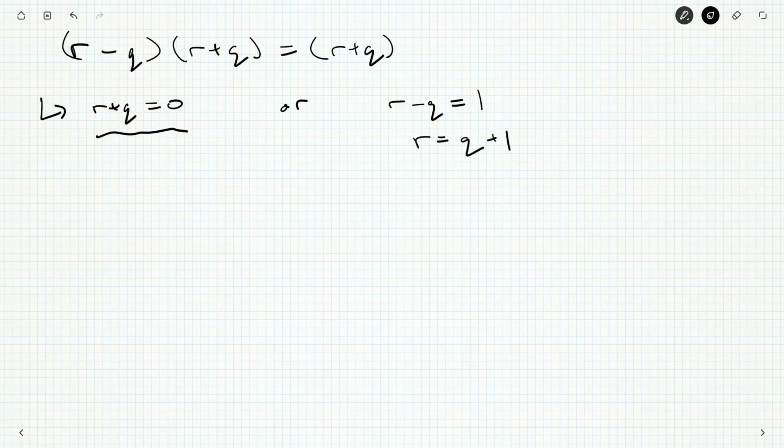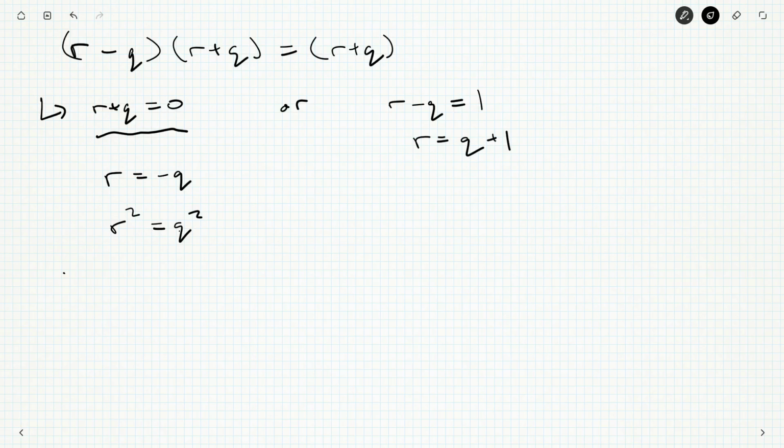I feel like this one shouldn't be true, but why? Oh, well, if this were true, R would be equal to negative Q. And they'd be the same point, but R squared would be equal to Q squared.